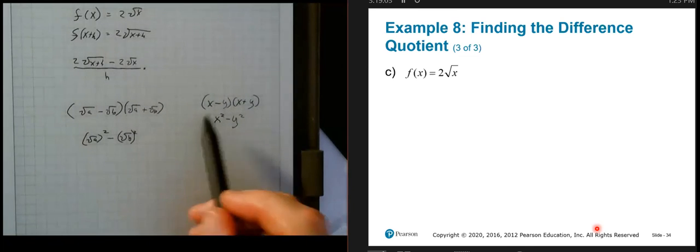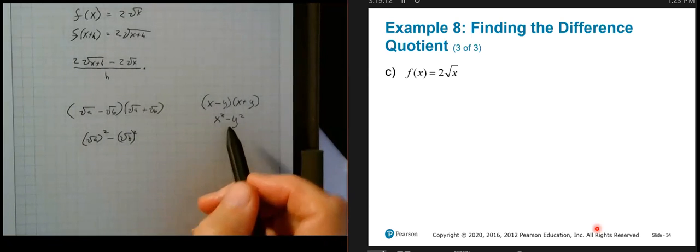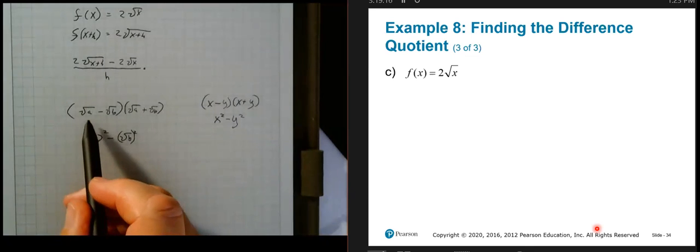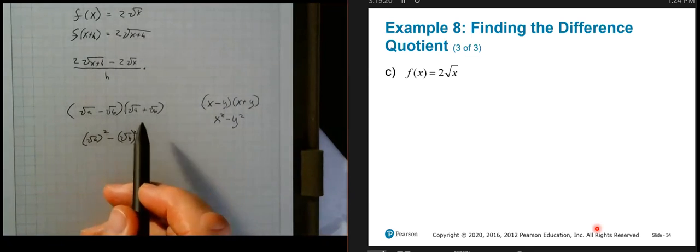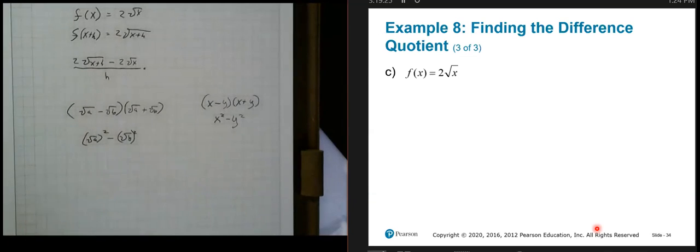So you get xy minus xy. That's why there's no middle term, because you have the square root of a times the square root of b minus the square root of a times the square root of b, which is the square root of ab minus the square root of ab. Okay.